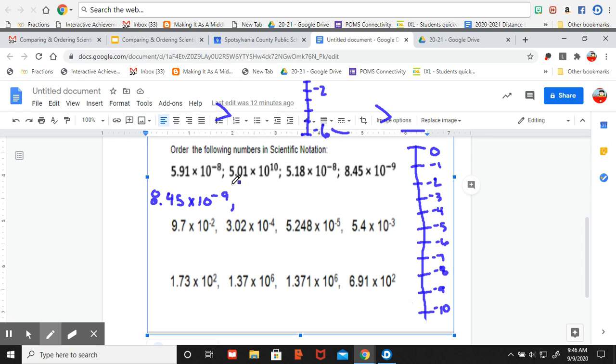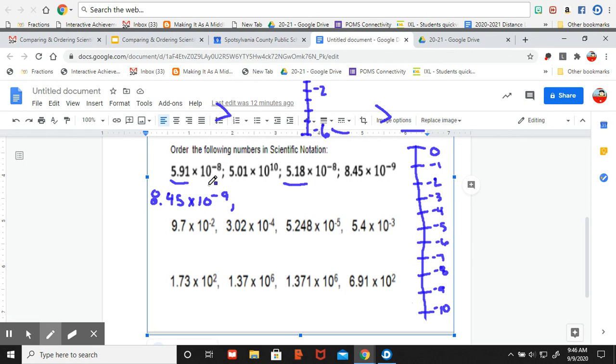Our next smallest value, we have two 10 to the -8 powers. So what happens when you have two exponents that are exactly the same? You look at their coefficients. Now remember, we're looking for the smallest value. We're going from least to greatest. Therefore, 5 and 1800ths is smaller than 5 and 9100ths.